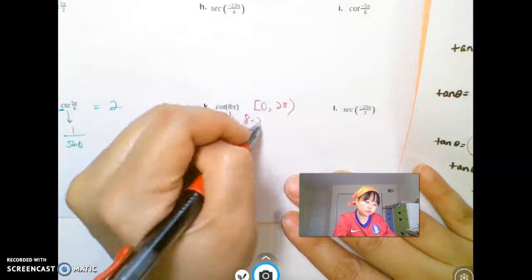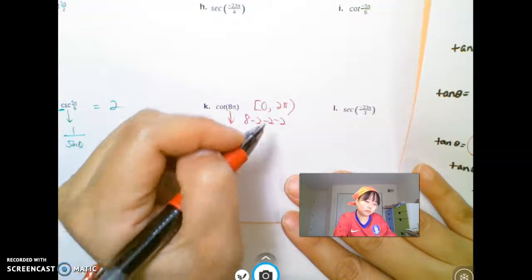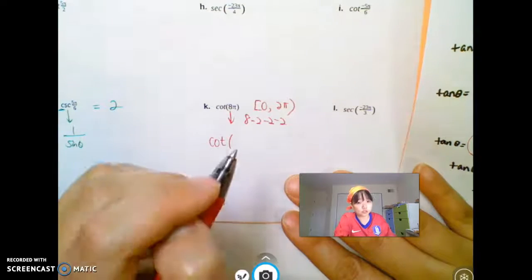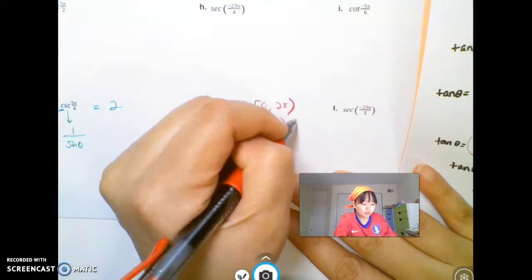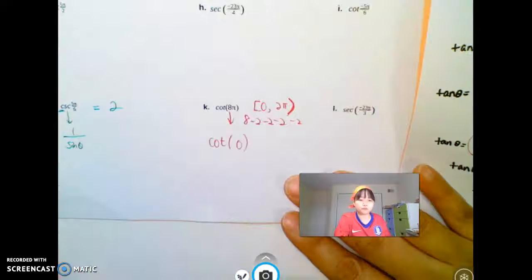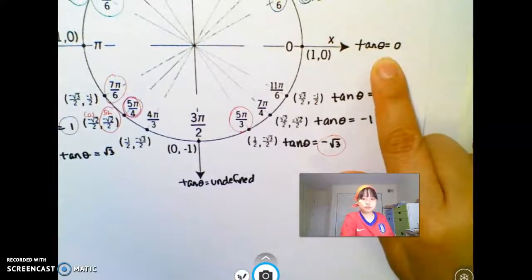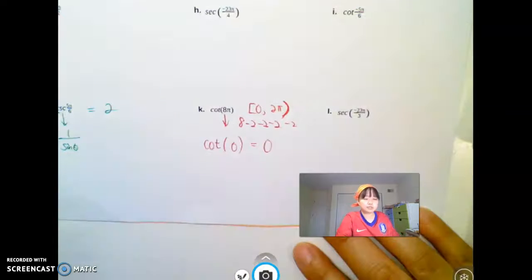So subtract 2: 6, 4, 2. Now I'm at 2 pi. Can I keep 2 pi? That's tricky. No, we cannot keep 2 pi because we're not including 2 pi. So it's actually the same thing as 0. So you go to tangent at 0. It's 0. You flip the 0, it is still 0.